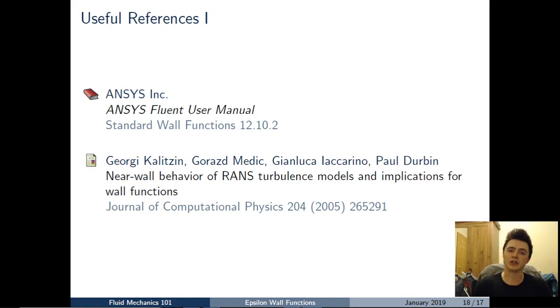And a very useful paper for those of you who'd like to dive into this in a bit more detail, perhaps look at the DNS data and maybe look at the derivation and fitting of those wall functions themselves. It's a very useful paper by Kalitzin et al. in the Journal of Computational Physics, and I've put a link also for that paper down in the description below for those of you who'd like some further reading.